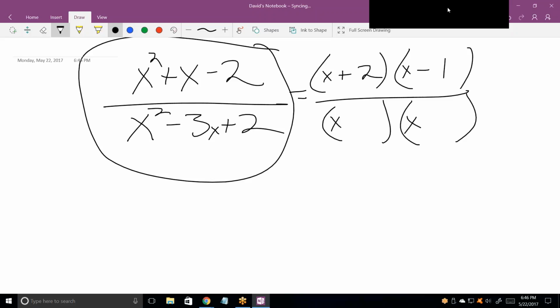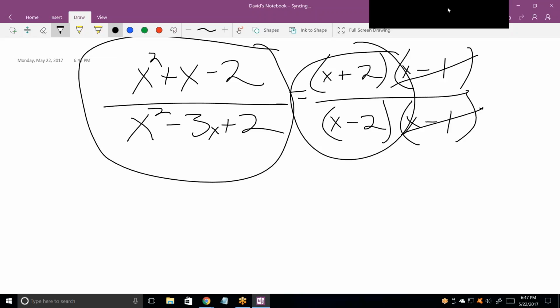X minus 2 over x minus 1. Okay. Now cancel. In other words, I can cancel that with that. And that's my answer. And I cannot simplify that any further. X plus 2 over x minus 2 does not simplify.